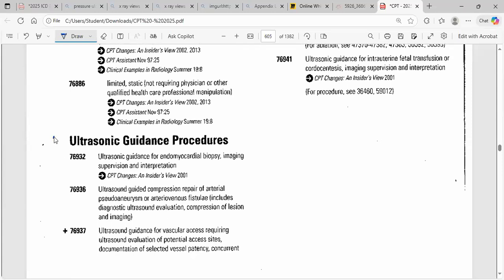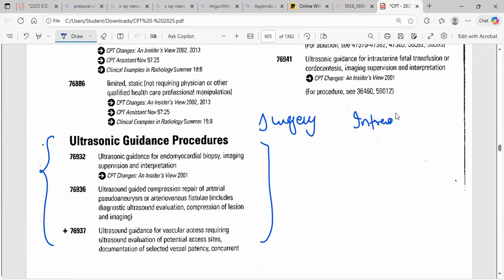These are the guidance procedures. Guidance procedure means whenever the doctor is doing any procedure, any surgery, and the doctor needs to use the radiological method to see inside the body during the procedure, intraoperatively, then we are going to use these add-on codes.